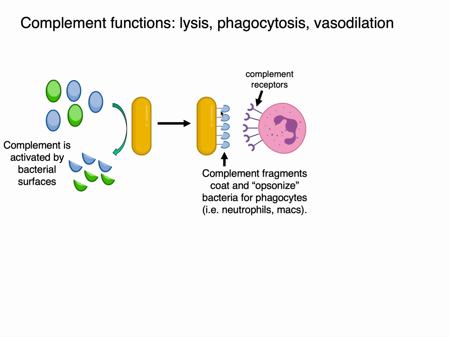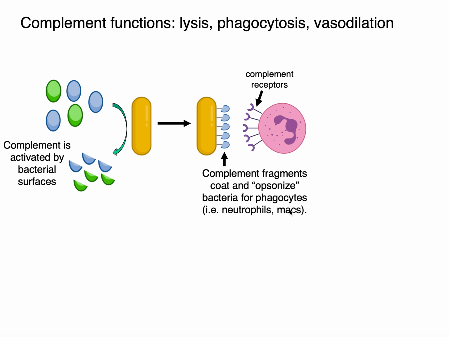And once they do that, they can act as a class of molecules that we call opsonins, or in other words, molecules that enhance the ability of phagocytes to recognize this cell. So here's a neutrophil, for example, that expresses complement receptors. These complement receptors can recognize these complement fragments bound to the surface of this cell and enhance the ability of this neutrophil to phagocytose this bacteria.